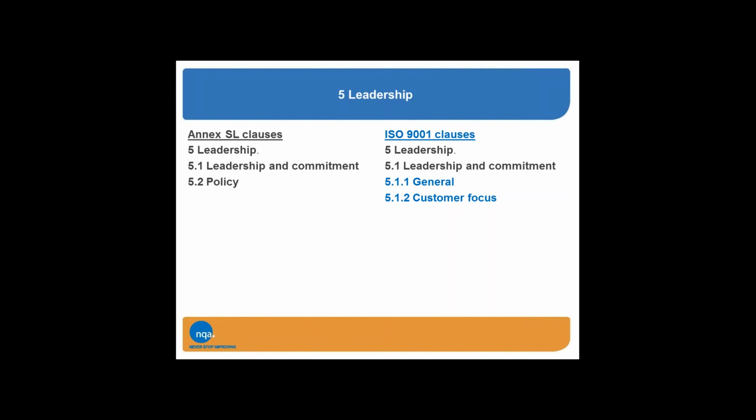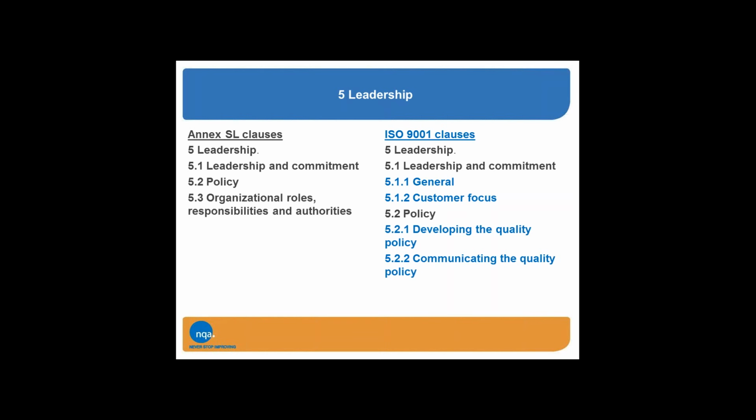Then we have a requirement to have a policy, and this policy needs to be driven by the leadership. And again, we have that same requirement in the 9001 with some subclauses, editorial subclauses introduced to both develop the policy and communicate the quality policy.